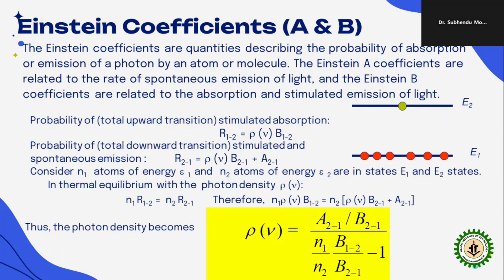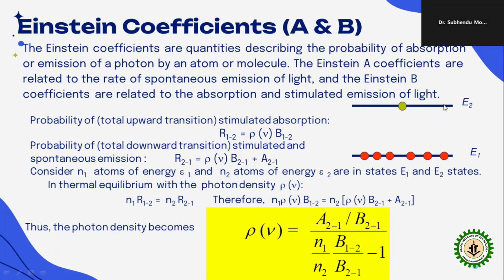So here you see we have a system with a down state E1 and an excited state E2. Let's say in the E1 energy state there are N1 number of atoms, and in the E2 state there are N2 number of atoms.